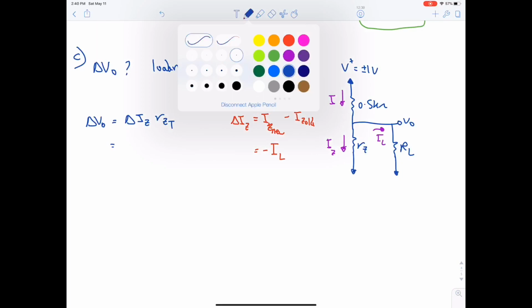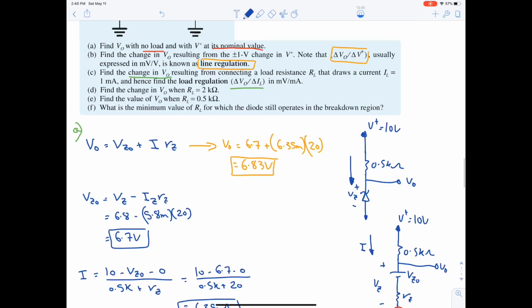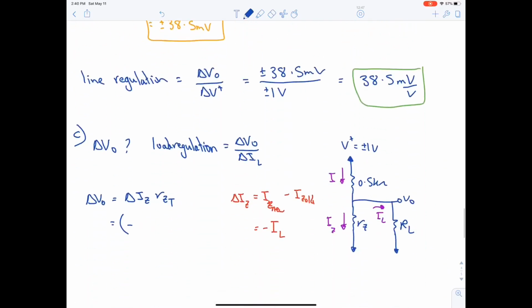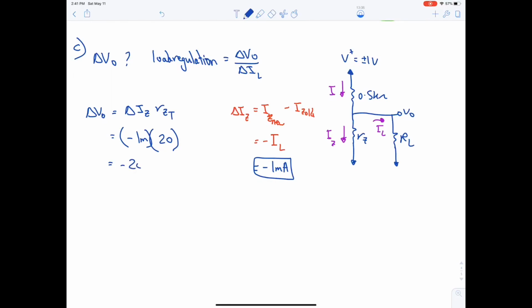Here, delta IZ is minus IL, and IL was given in the question to be 1 milliampere. So IL is 1 milliampere, and RZ total is only 20 because we have only one Zener resistance. So the answer will be minus 20 millivolt.